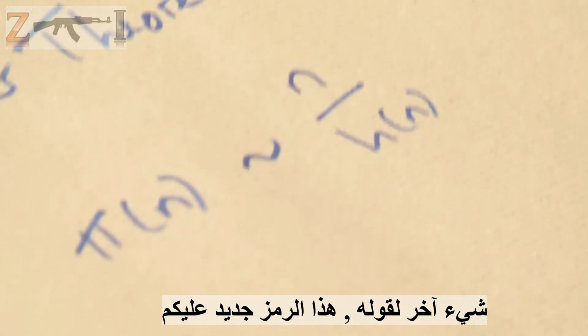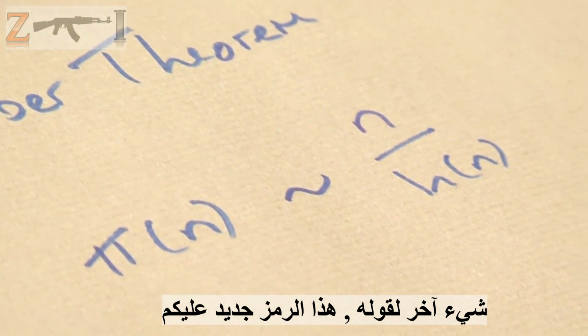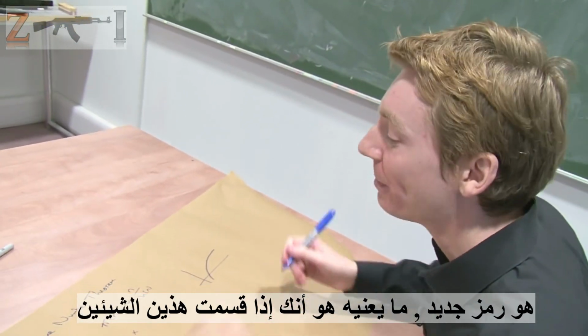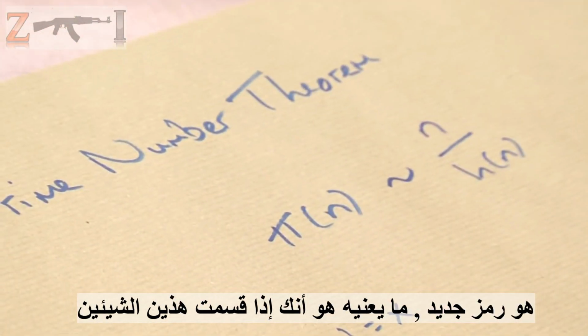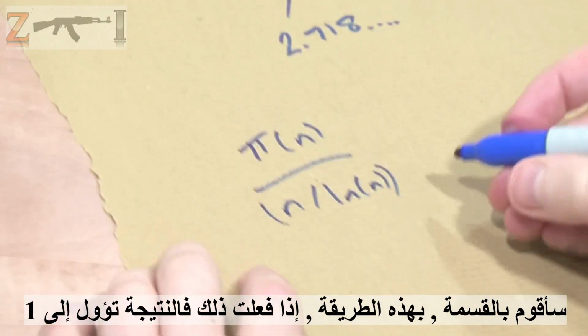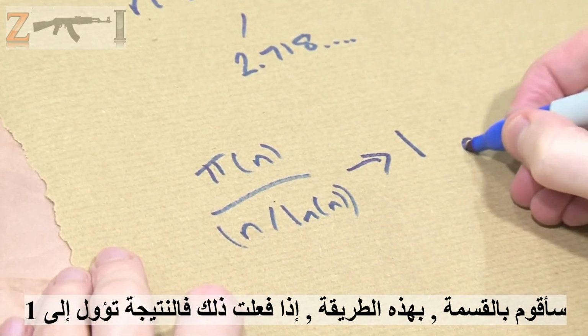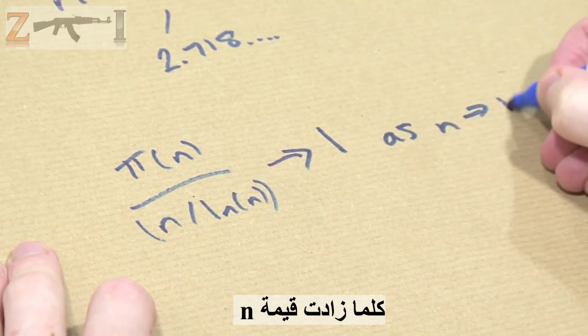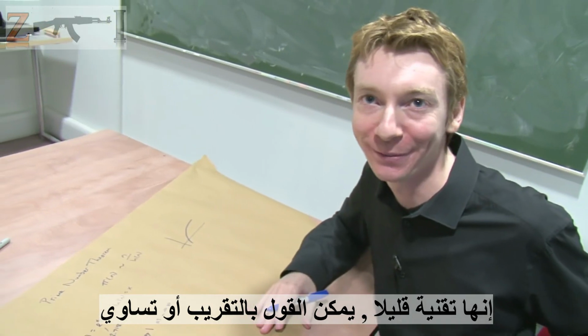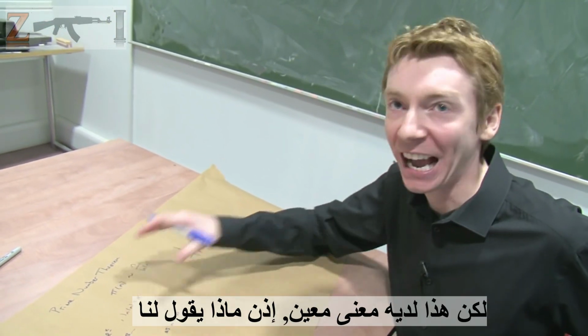This twiddle is a new symbol to you. Tilde, or twiddles as I like to call it. What it means is if you divide those two things, that's tending to 1 as n gets bigger. It's slightly technical. You can say approximately equal to if you're happy with that, but that has a proper meaning.